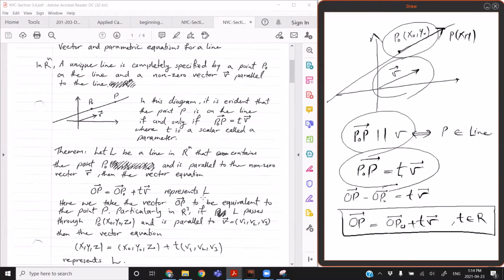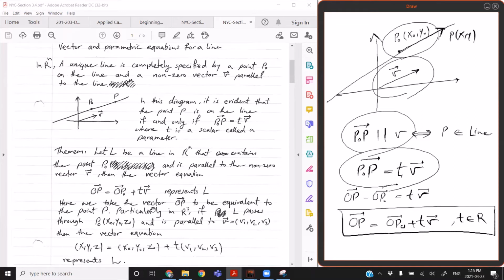Now you might say that I am used to the idea of representing lines as points. A line is a collection of points, or generally a curve is a collection of points. How come this vector equation can represent a line? There is a correspondence between lines and vectors.